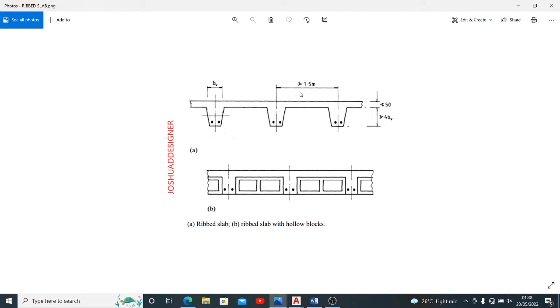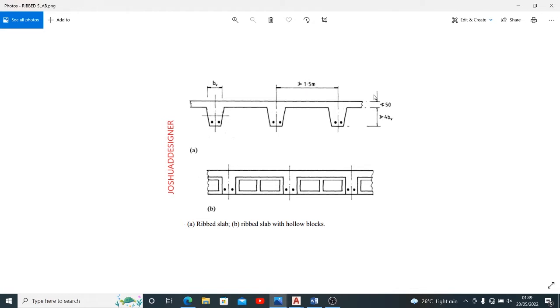Now there is also another consideration for the minimum spacing between two ribs. You are not just seeing this, greater than or equals to 1.5 meters, here. I'll bring an explanation to that from our code of practice, so that by the time I begin to take you through, you'll be able to relate along.